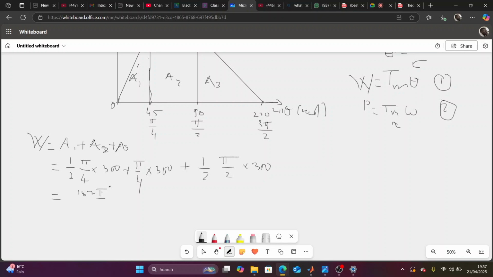Half base times height, plus base pi over 4 times height, plus half base. Oh, I think I see my mistake. Pi over 2. Yes, I'm having 375 divided by 2 pi. What are you getting?